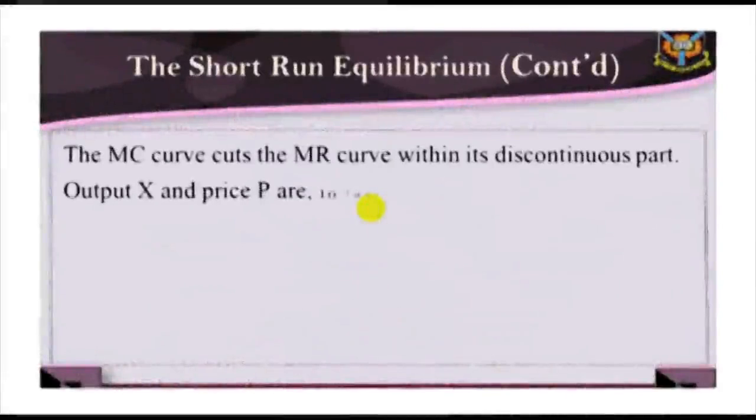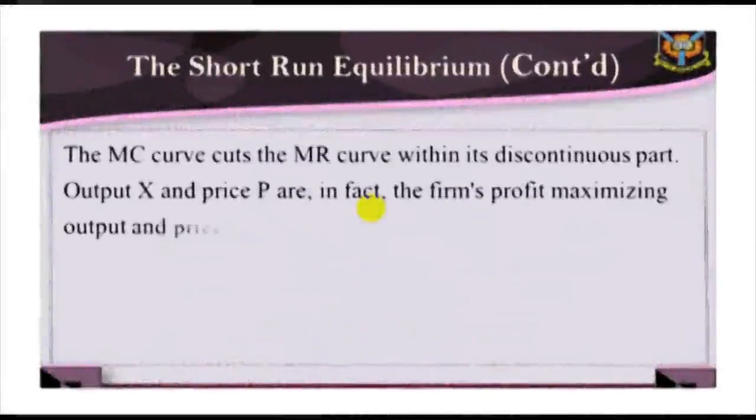Cost curves, short-run average cost and short-run marginal cost, are such that at price P, some profit can be made. The MC curve cuts the MR curve within its discontinuous part. Output X and price P are in fact the firm's profit-maximizing output and price.